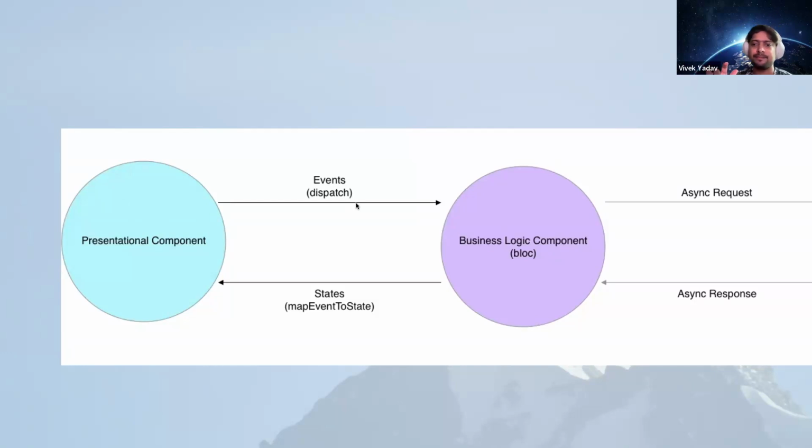Either you tap a button, or you load something. Basically anything you can refer to as an action is your event. And what is state? State is basically the state of your widget or your component. When I say state, you can refer to it like a resting state of something, that is, it is loaded or it is not loaded.